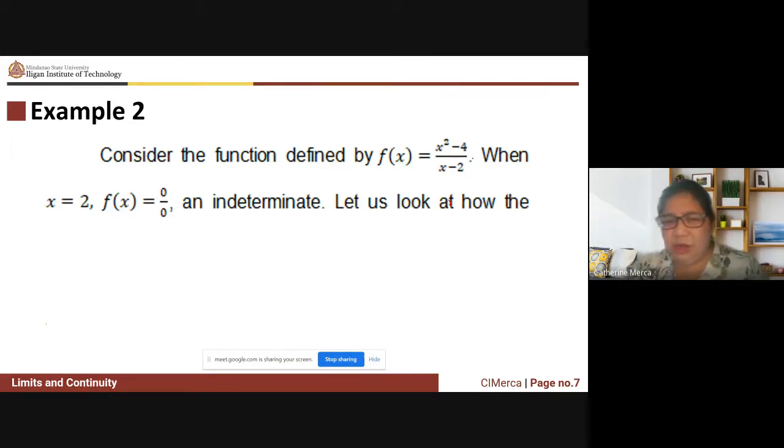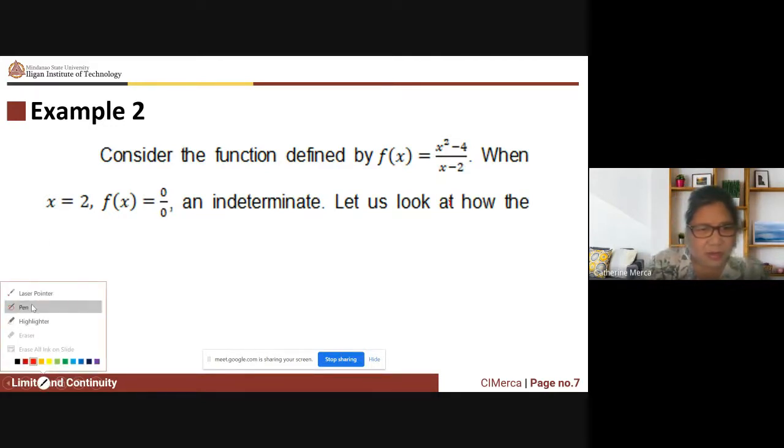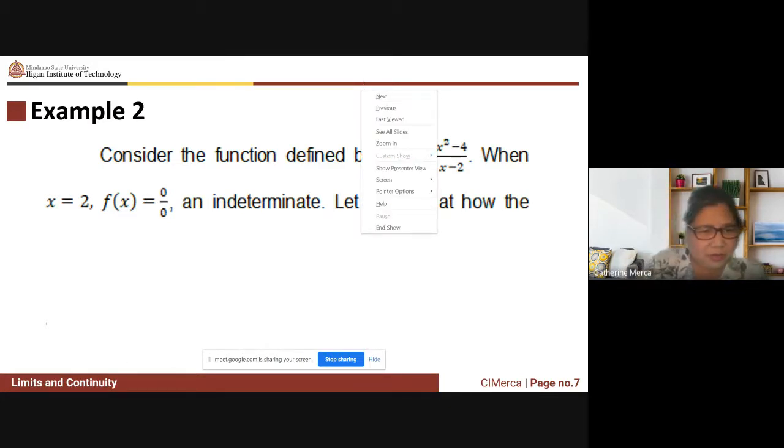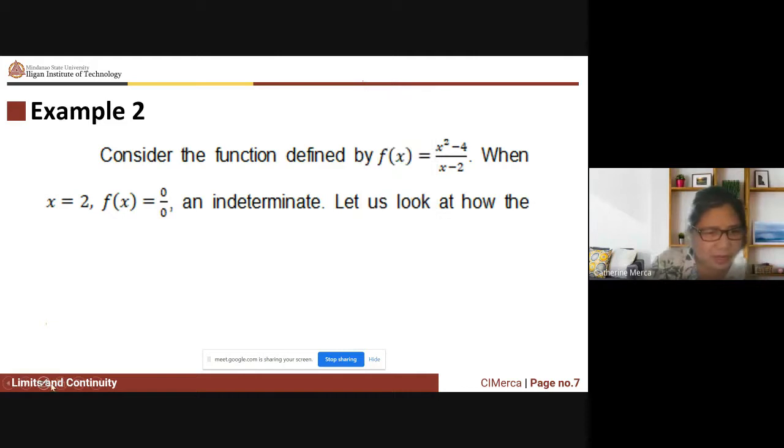Now, if you recall your special product formula, let us take a look at our pen here. Try to recall your special product formula. Why are you not writing anymore? Sorry. Let's make the pen write.